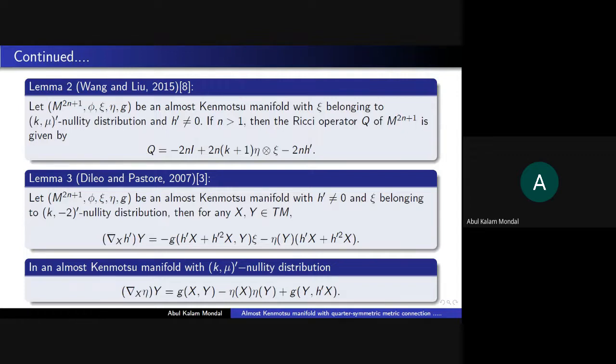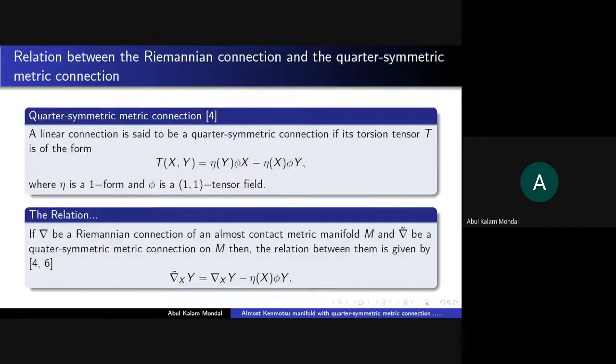And in another paper, Dileo and Pastore gave some basic results on almost Kenmotsu manifolds. Also, in an almost Kenmotsu manifold with the nullity distribution, the result is (∇_X η)Y equals g(X, Y) minus η(X)η(Y) plus g(Y, h'X).